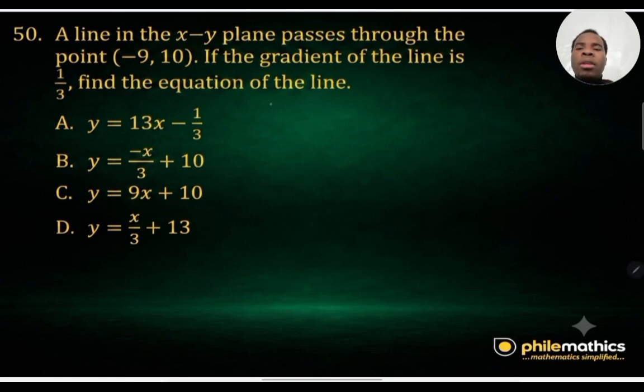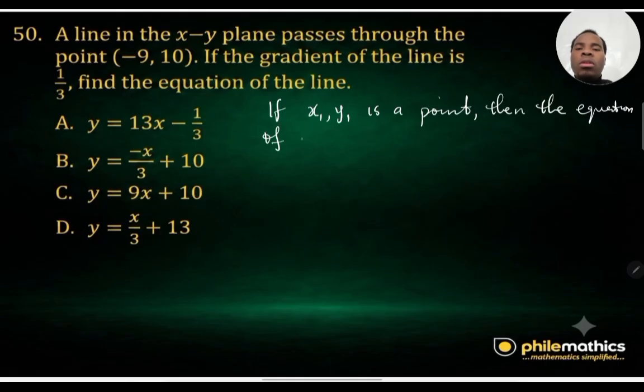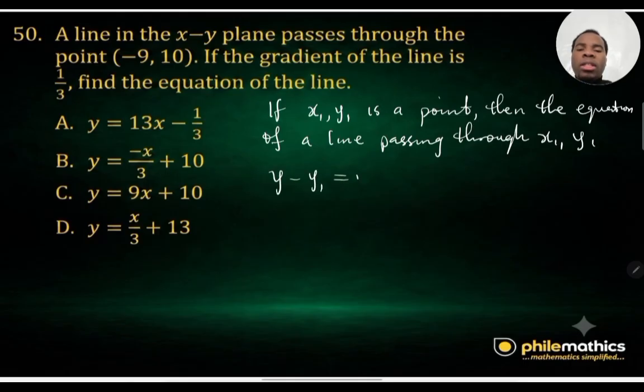The formula says, if x1, y1 is a point, then the equation of a line passing through x1, y1 is y minus y1 equals the gradient m times x minus x1.